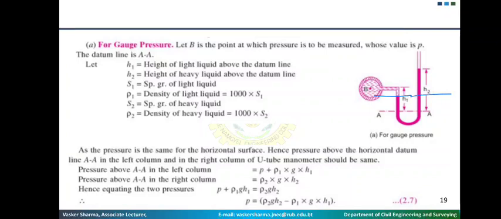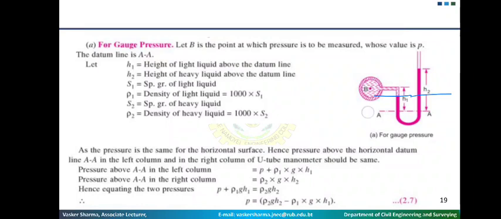h2 is also the height of the heavy liquid, which is usually mercury, above the datum line. S1 is the specific gravity of the fluid in the pipe, and S2 is the specific gravity of the mercury. Rho 1 is the density of that liquid, and rho 2 is the density of the mercury. At that pressure AA, your pressure is equal.